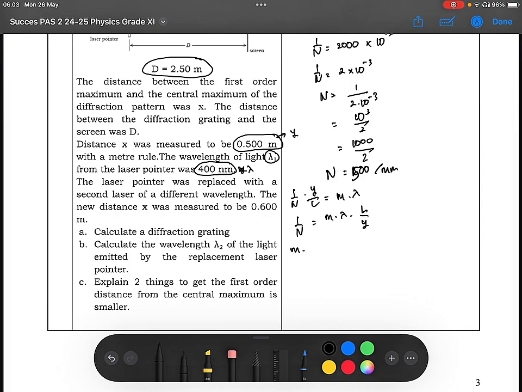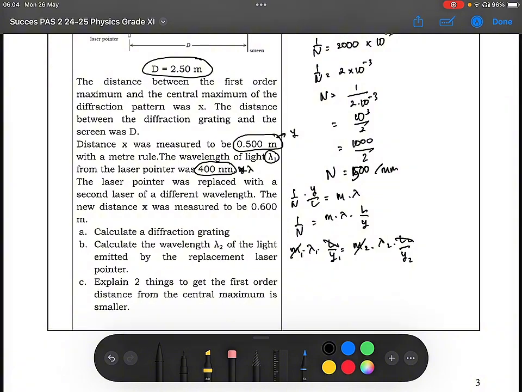So M lambda L per Y for the first, and for the second laser M lambda 2 L per Y2. The M is the same, and the L is the same too.